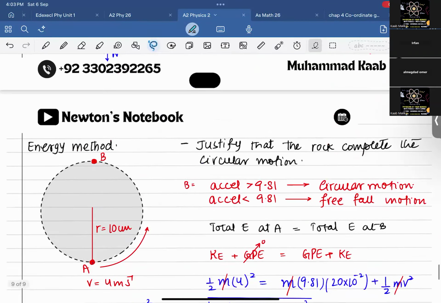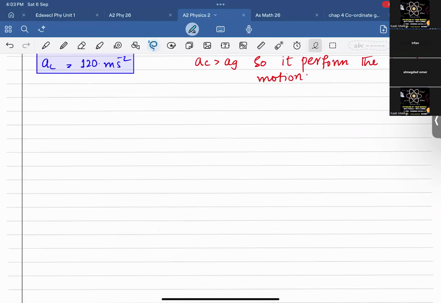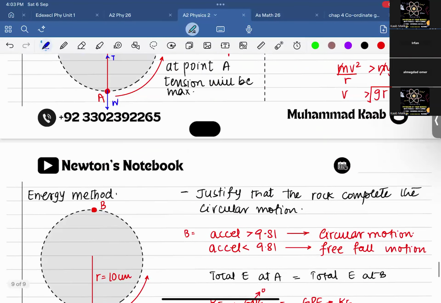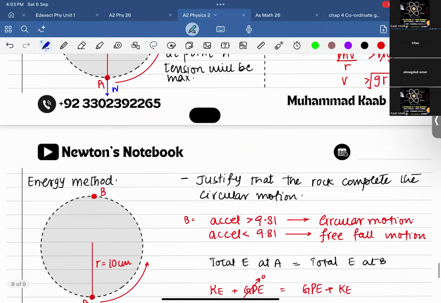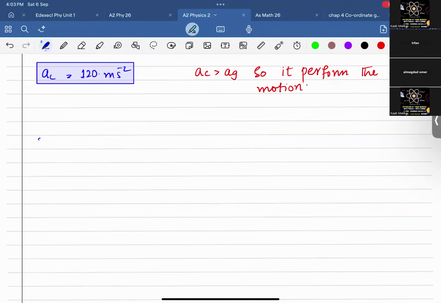Now the other type of application is the bank turns. The first one is vertical circular motion, the second is bank turns. You may have noticed that when you go through highways or bridges and it turns at some point, the road gets slightly slanted or inclined at the turning.